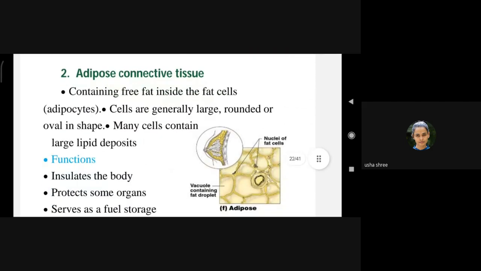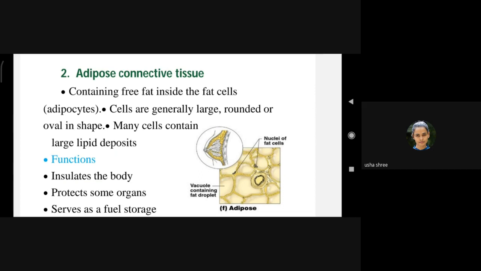Next is adipose connective tissue, containing free fat inside the fat cells. Almost all of us have heard about adipose tissue. Those cells are known as adipocytes. Cells are generally large, rounded, or oval in shape. Many cells contain large lipid deposits.